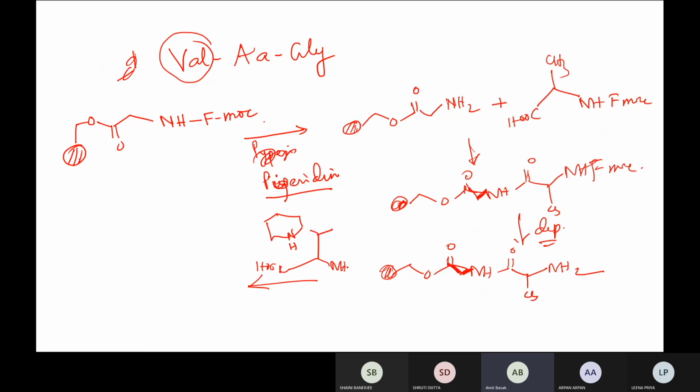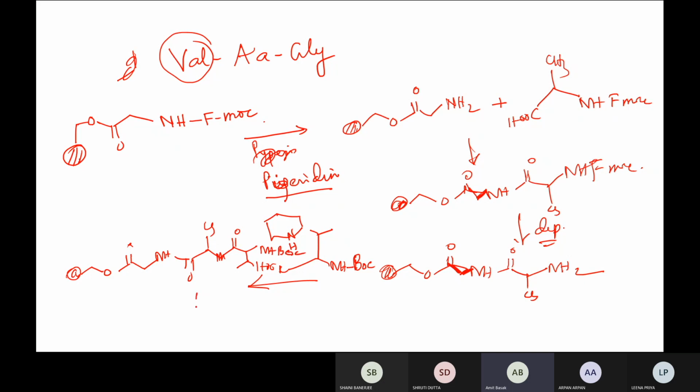Now this protection should not be FMOC. This protection should be t-butyl. So you can say just BOC, NH, BOC. So final, now you have this resin, the glycine attached, then the alanine, methyl, then the valine, isopropyl, and NH, BOC.